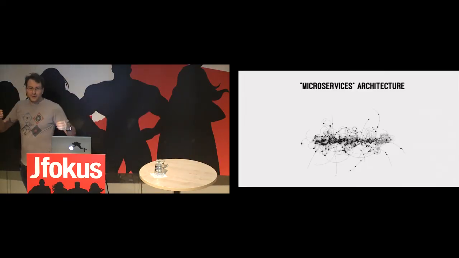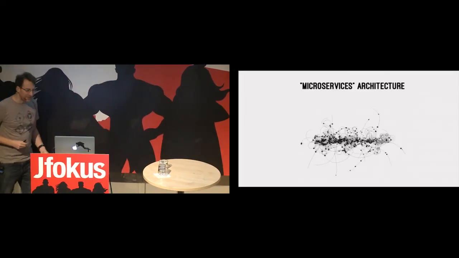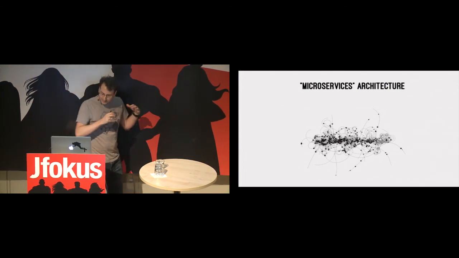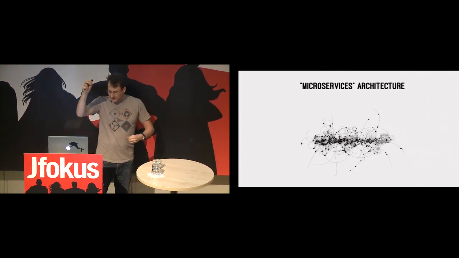Does anyone know what's a big keyword now in terms of the next deployment architecture? Microservices. So let's take the idea of arrows and put them everywhere. You have a small little service, and then you have many things around.